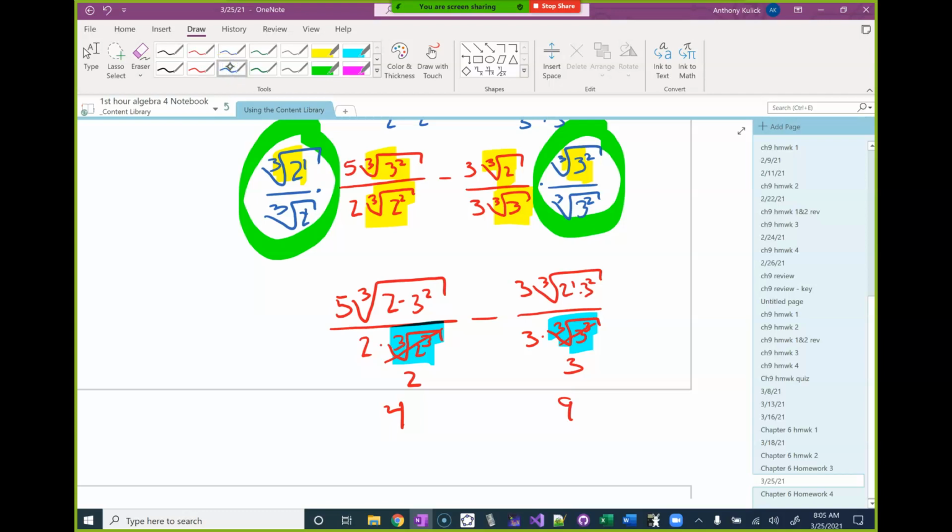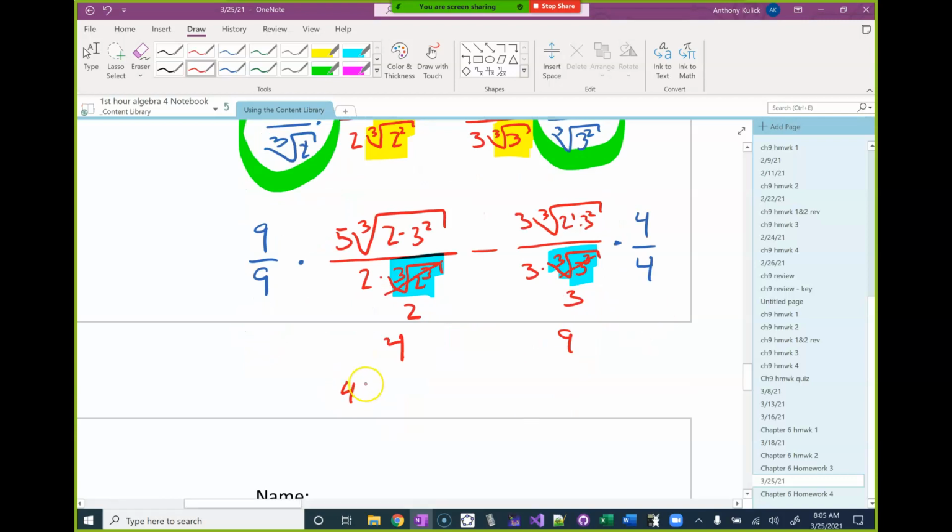So now what I'm going to do to add these two fractions is make a common denominator. So the least common denominator for 4 and 9 is just going to be 36, 4 times 9. Over 9 fraction, I'm going to multiply by 4 over 4. Which gives me this.